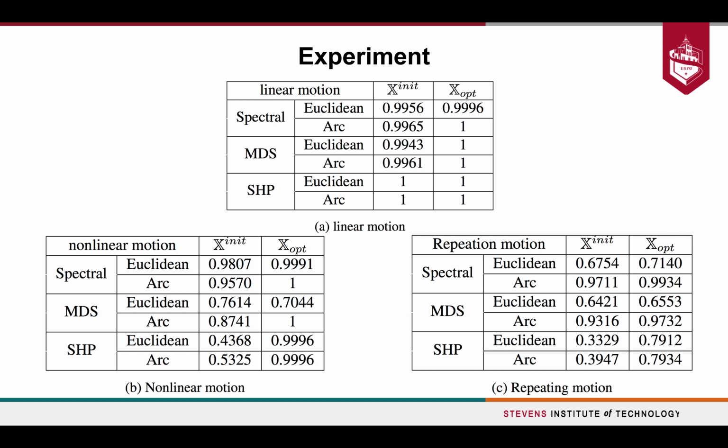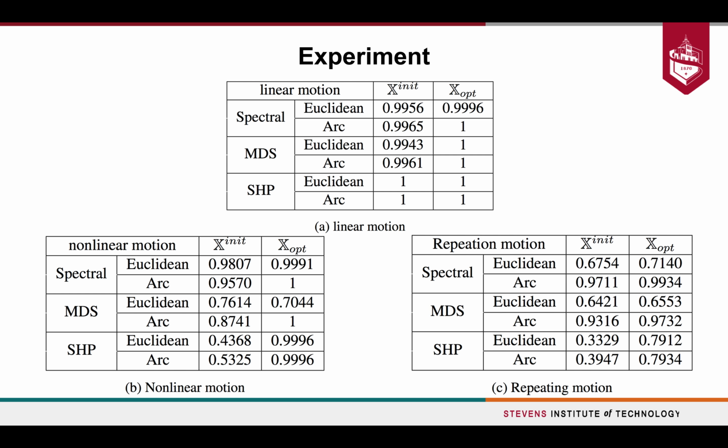Finally, we do some experiments on the motion capture data. We use a baseline method called shortest Hamiltonian path, which finds a path through the frames with the shortest total distance.